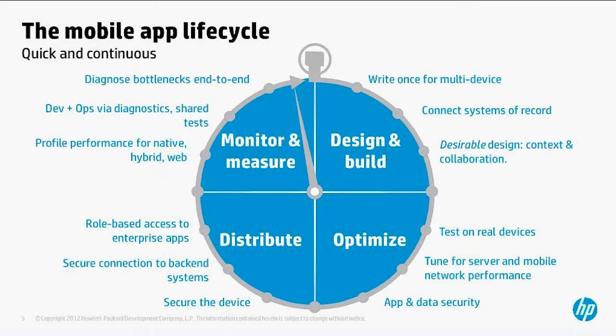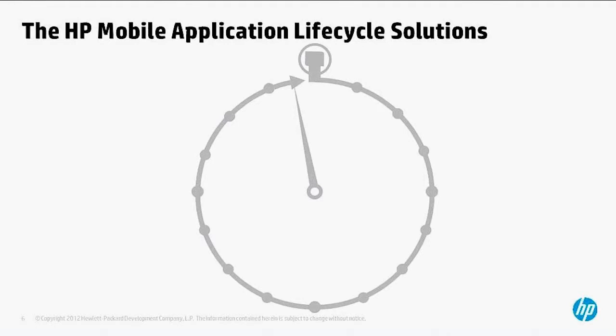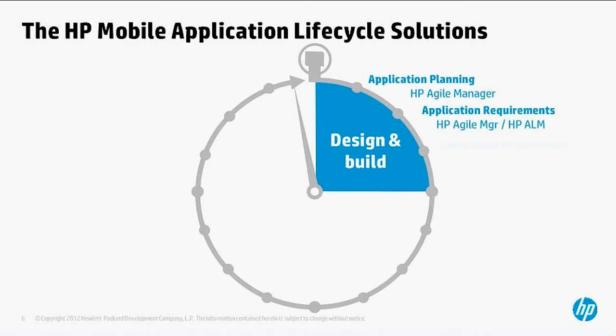What I wanted to do next is highlight how HP has end-to-end products to support this life cycle. We've typically found this to be eye-opening for customers, that they didn't realize HP has such a suite of tools to assist in their mobile initiatives. From a design and build perspective, like we said, this is a critical function, and typically what we're seeing is people are building mobile apps in an agile fashion.